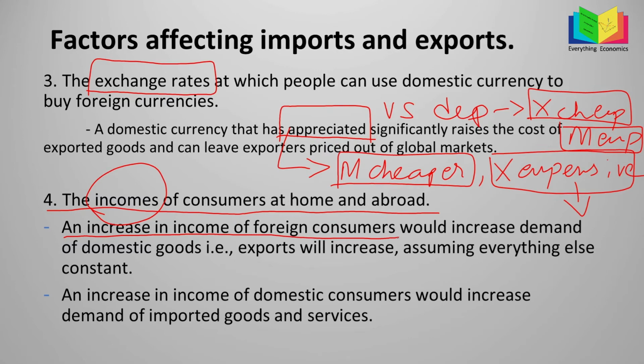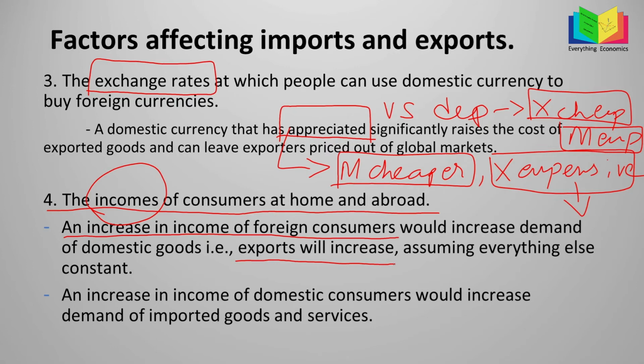For example, if consumers in United States become richer, they will increase demand of foreign goods. So the imports in United States would increase, and for other countries their exports will increase, assuming everything else constant.